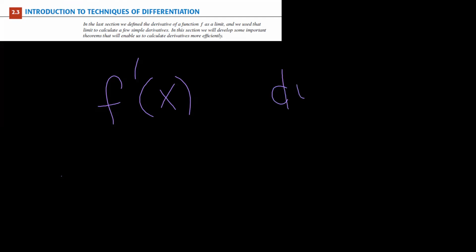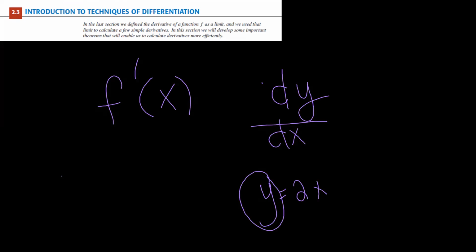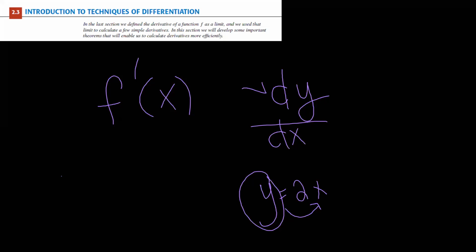If you find dy over dx, as an example if you have y equal to x, the d means derivative, the derivative of y with respect to x. Or sometimes it could be written like the derivative with respect to x. If you find this one, or this one, or this one, all of them mean derivative.